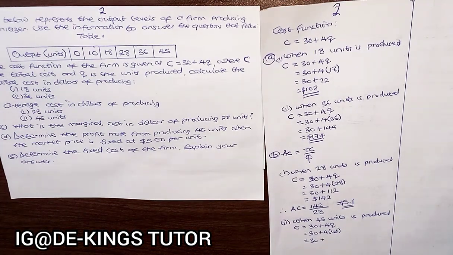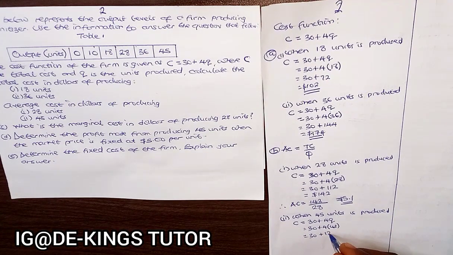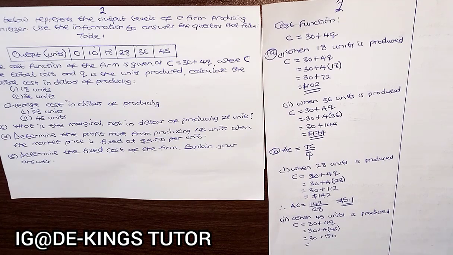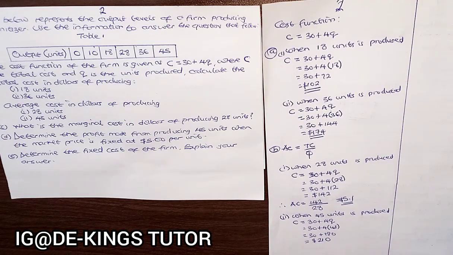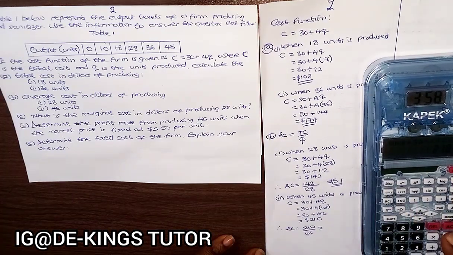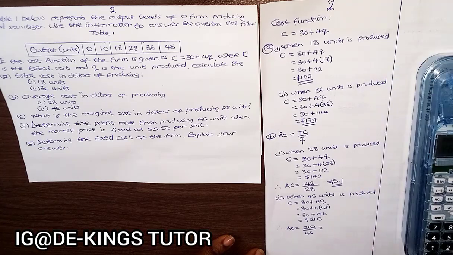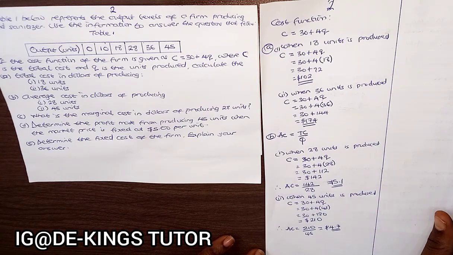We now have 4 times 45 is 180, plus 30 is $210. Therefore, our average cost will now be 210 divided by 45. So 210 divided by 45 will give us $4.7 on the average. Okay, so that is for B.